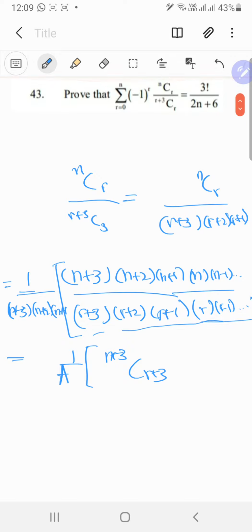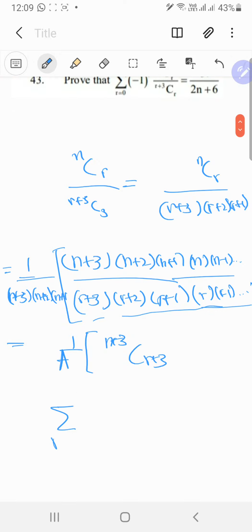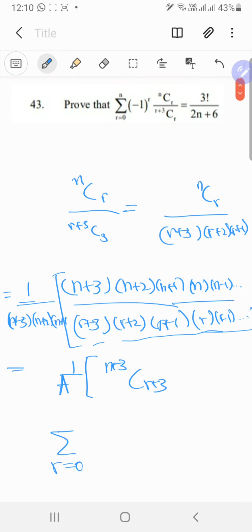Okay, so now what? So it's going to be the summation from r equals 0 to, wait a second, when it's 0, can you still do that thing? 3C0 is the same thing as 3C3, but not exactly in that manner. Is it really r+3, r+2, r+1?